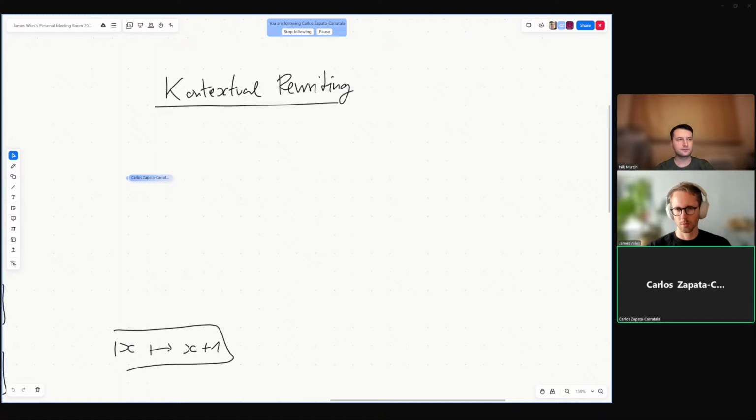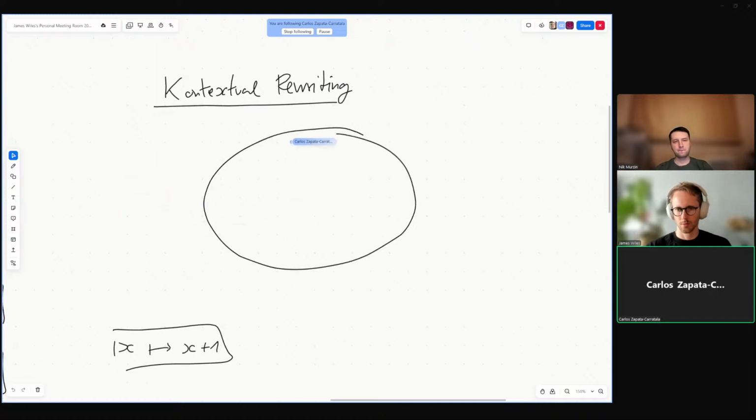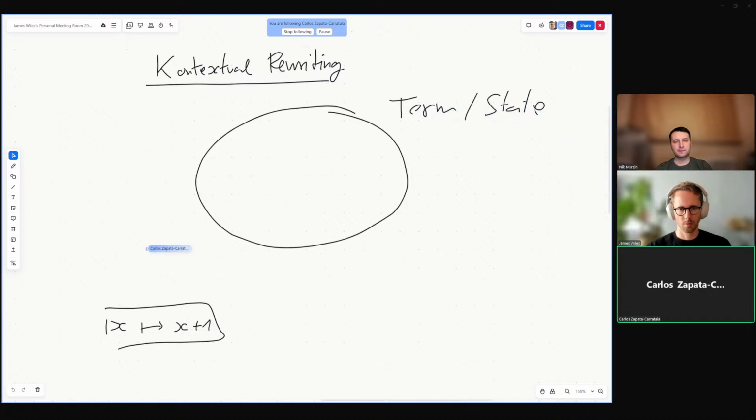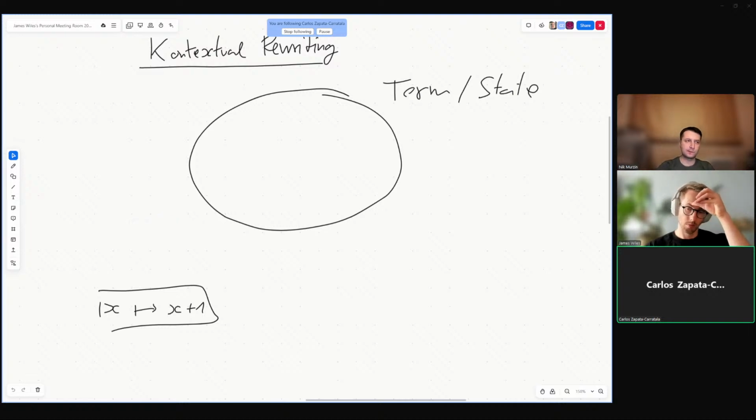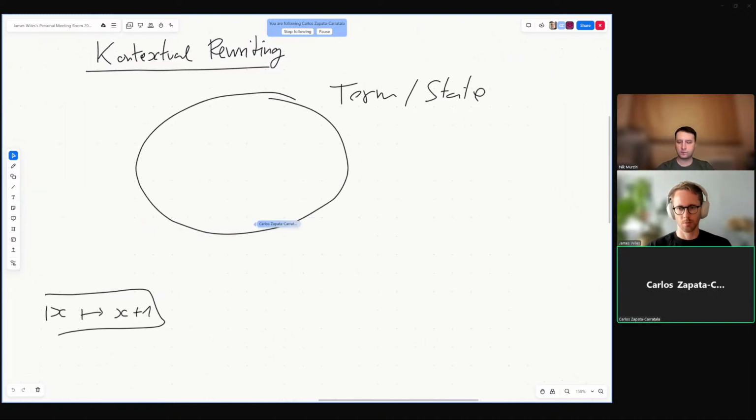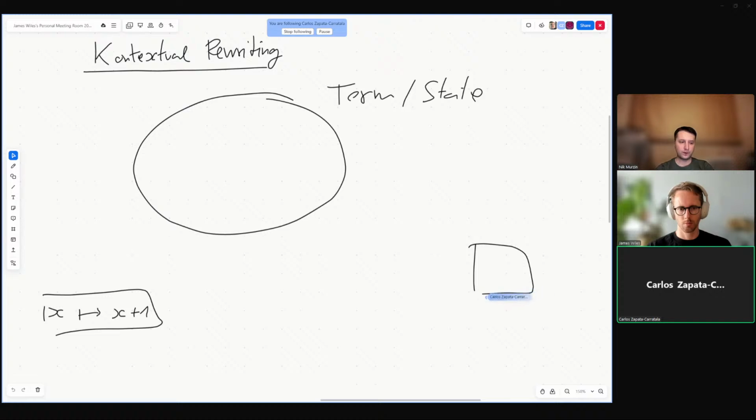You begin with a term or state, and the rule intuitively gives you an output. It's going to give you some kind of information of where to match and what to assimilate and transform into the output.